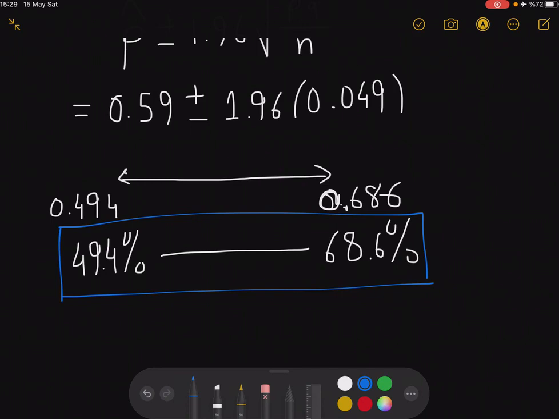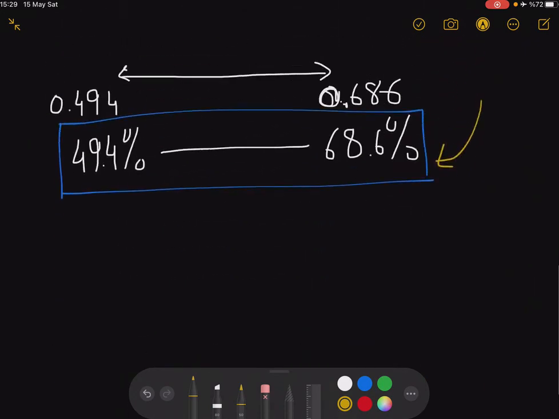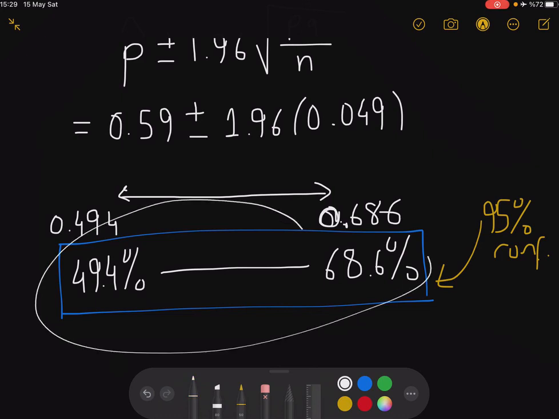But with what confidence? With 95% confidence, you say this. With 95% confidence, you say that 95% of trials will show this probability, will fall within this range.